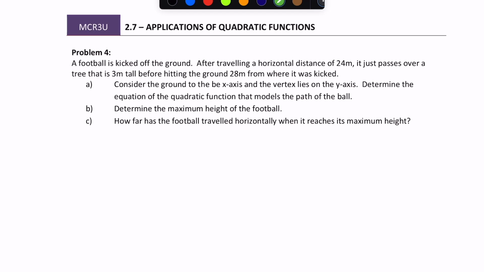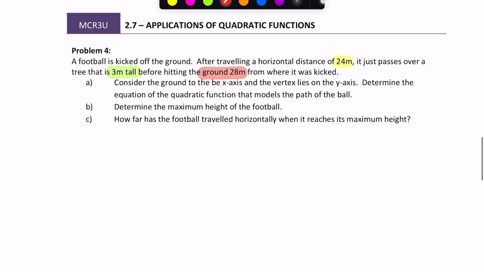Okay, so let's look at this last question here. So it says a football is kicked off the ground after traveling a horizontal distance of 24 meters. It just passes over a tree that is 3 meters tall before hitting the ground, 28 meters from where it was kicked. Okay, so let's look at some information that's given here. So again, traveling a horizontal distance of 24 meters, it passes over a tree that's 3 meters tall before hitting the ground at 28 meters from where it was kicked.